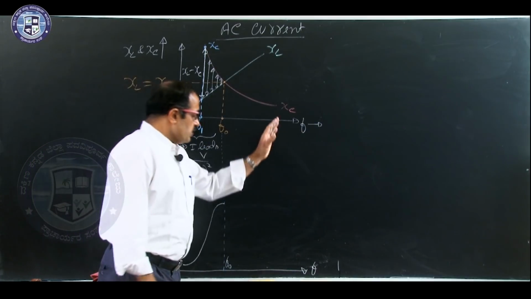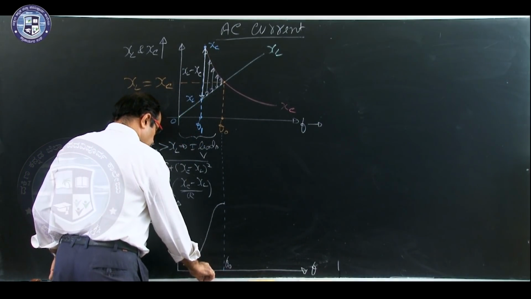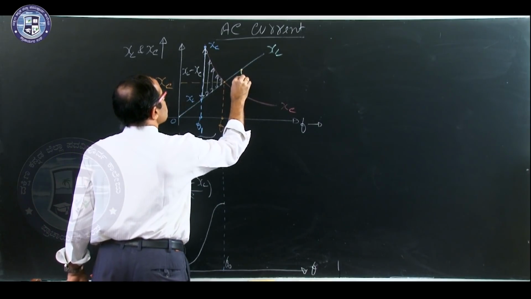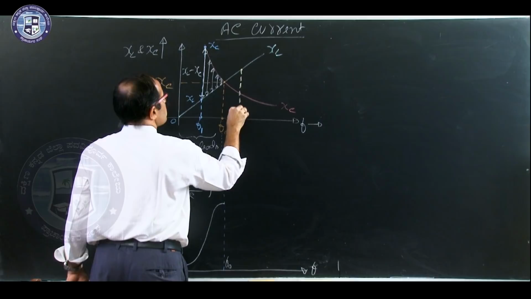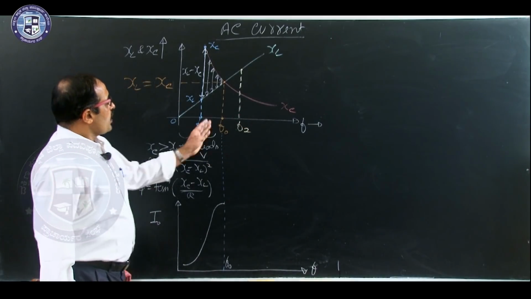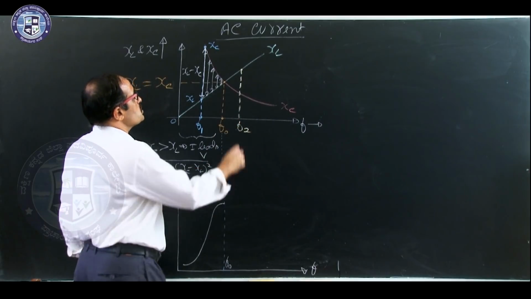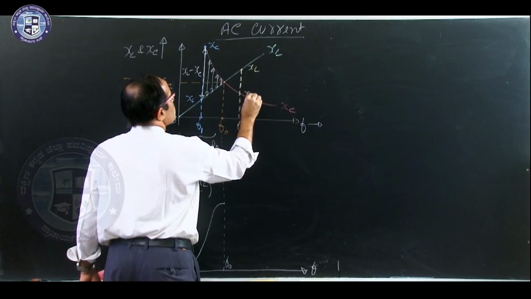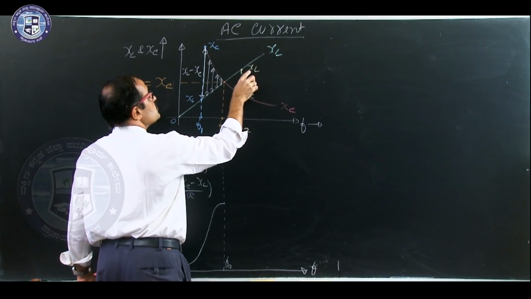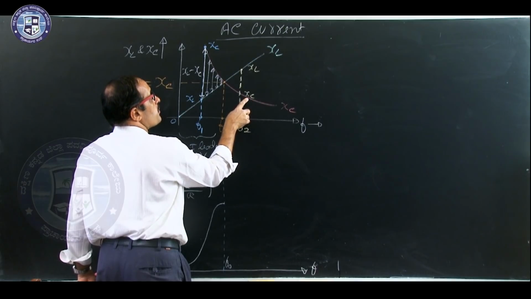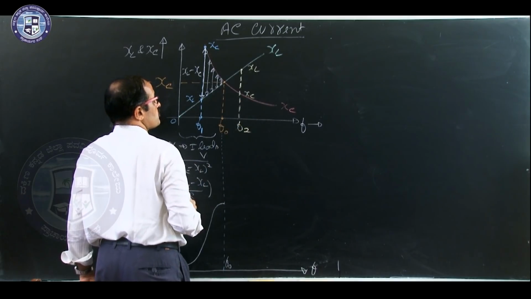Now you take any frequency beyond resonant frequency, like this, F2. For the frequency F2, which value is more? This is XL, this is XC. So which value is greater? Inductive reactance is greater than capacitive reactance.